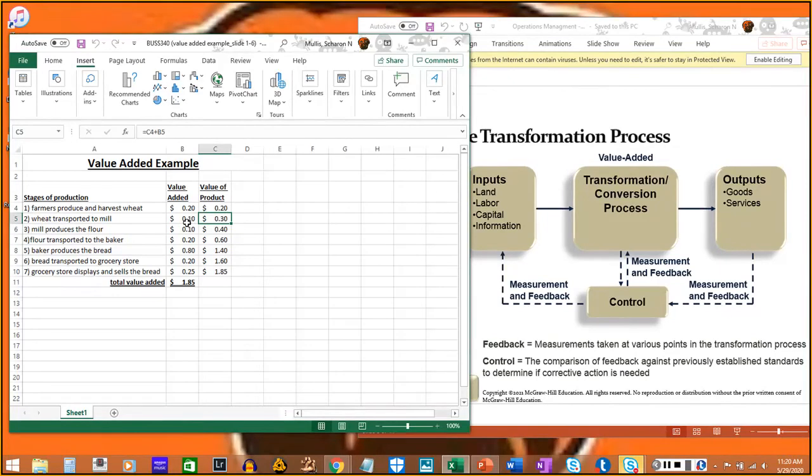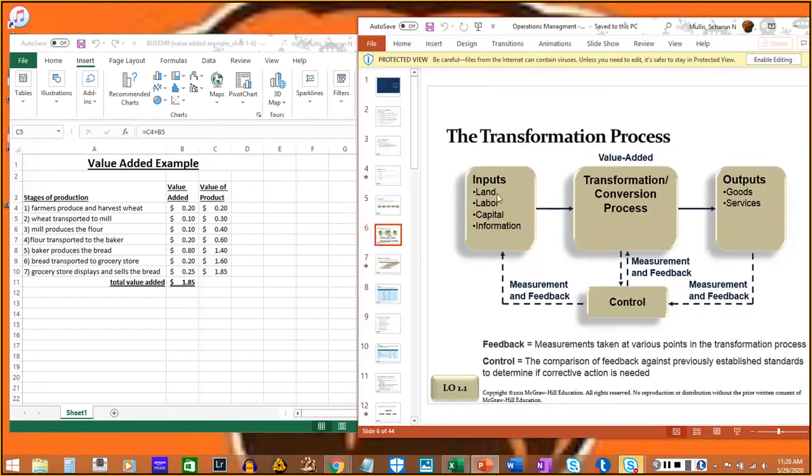What are some of the inputs that are needed to transport the wheat to the mill? Yep, gasoline. They have to get trucks and they have to have people to drive the trucks.